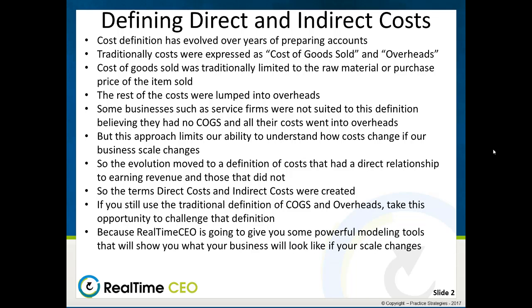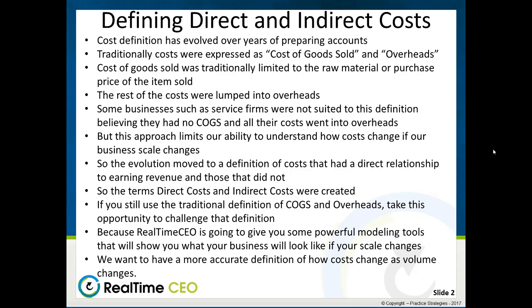Because in the Real-Time CEO app, there are some really powerful modeling tools that are going to give us the opportunity to see what our costs look like or will look like if our business changes scale. And in order for those modeling tools to do their job, we need to have a really accurate definition of costs and, just as importantly, an accurate definition of variability.